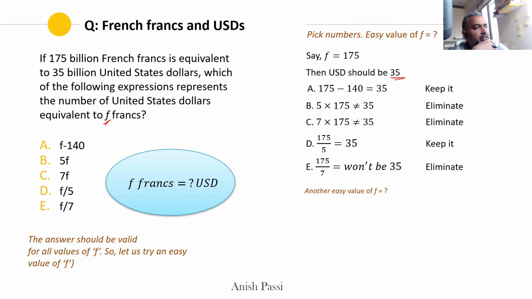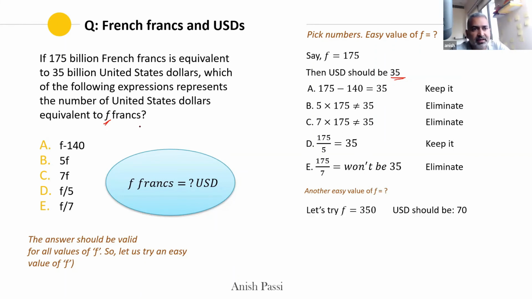If you can figure that out, then that's great. So for me, I'm thinking that if I take F to be 350, then what's 350? 175 times 2. Then correspondingly, how much US dollars should we get for 350 francs? 70. Yeah. So I'll use that.